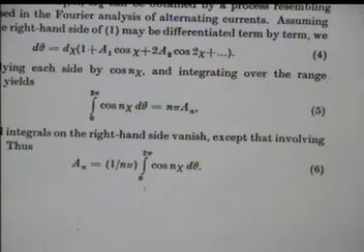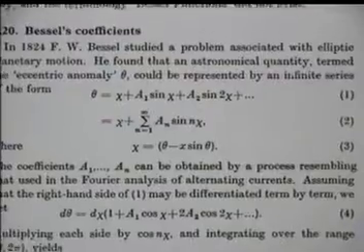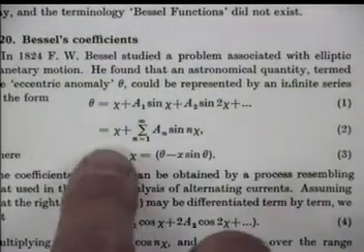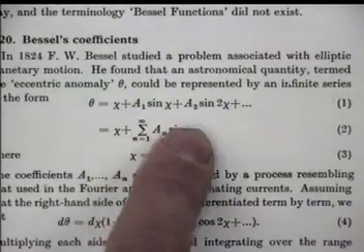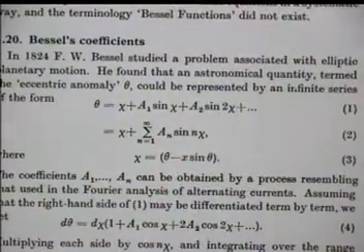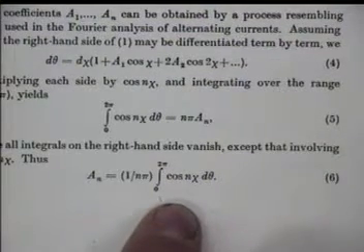So that's a way to determine what all of the coefficients are for the series that he had, where we had theta equals x plus a1 sine x plus a2 and so forth. All the values of a are calculated in this mode.